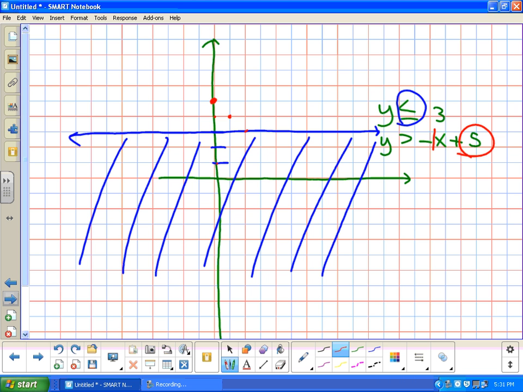And I'm going to make a dashed or a dotted line because there is no bar underneath the greater than sign. I'm going to extend the line so that I can see my shaded region. For the second inequality, I'm shading the region greater than y, so I'll be shading above the line.